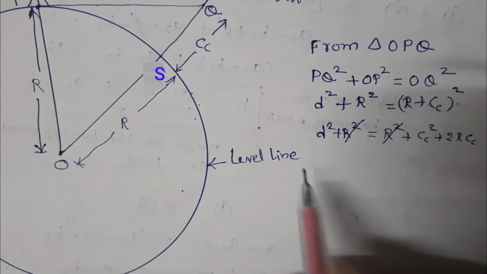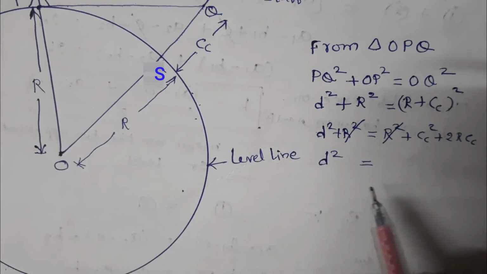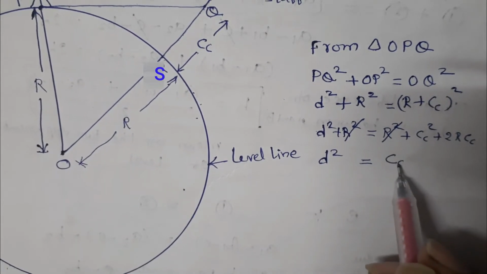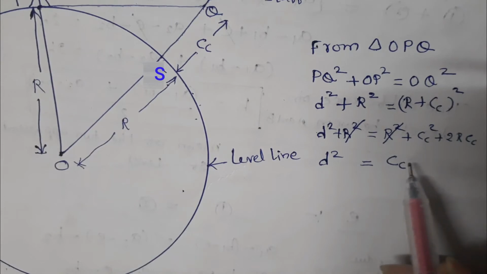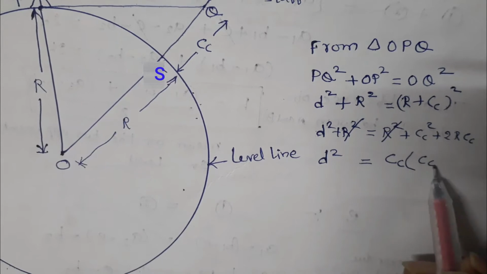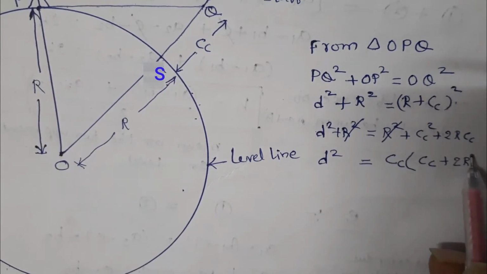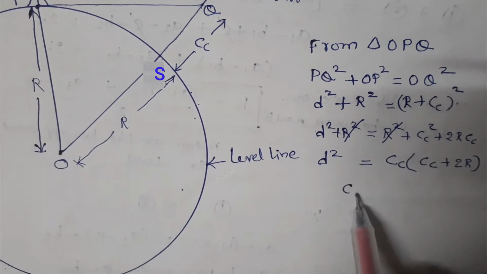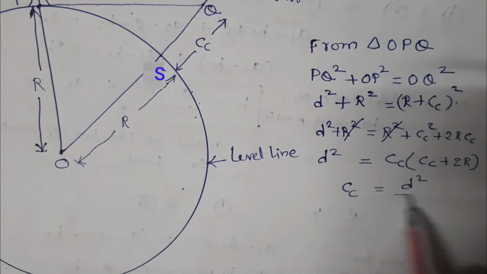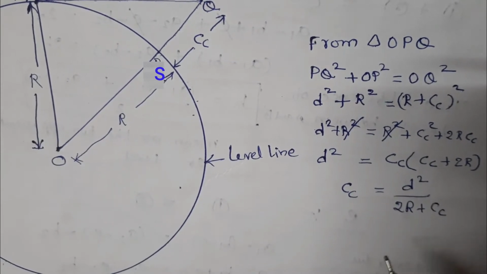R square gets cancelled. D square is equal to CC square plus 2R CC. Taking common CC from this, CC into CC plus 2R. Therefore, CC is equal to D square by 2R plus CC.